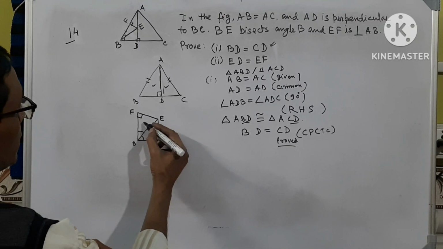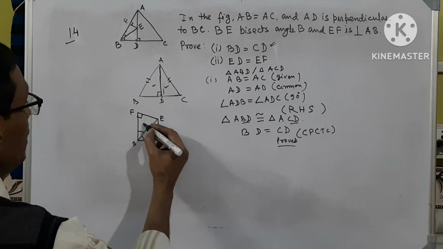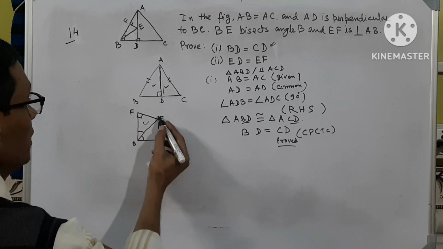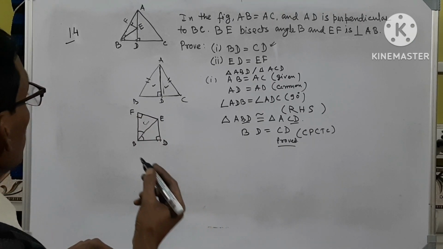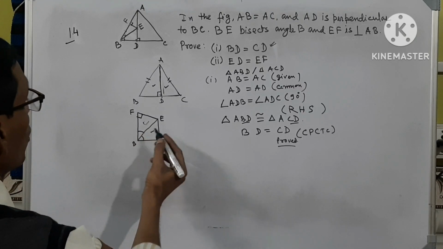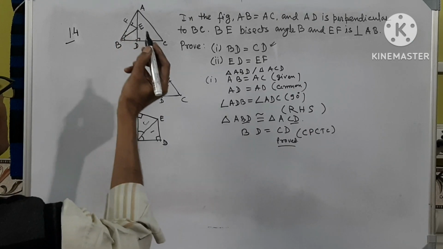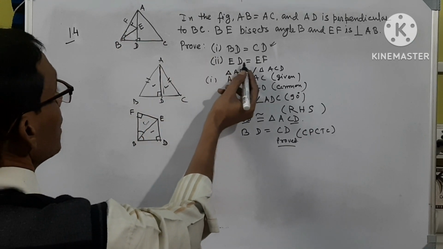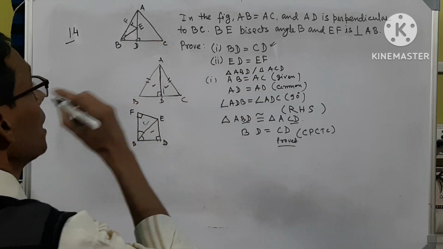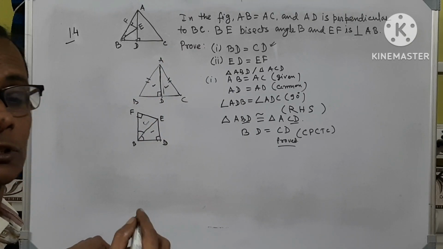So there are two triangles, BFE and BDE. Here also, if we prove these two are congruent, then we may be able to prove FE and ED are equal, if they become corresponding parts.